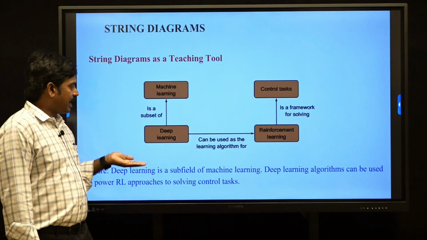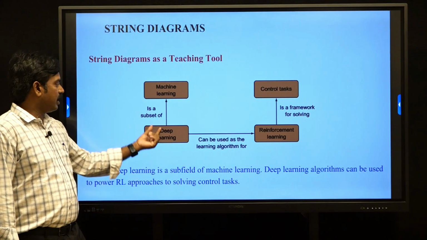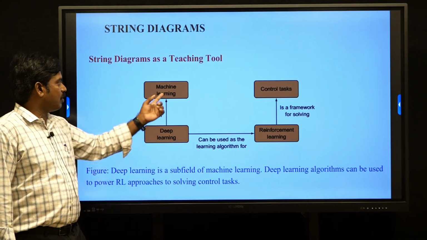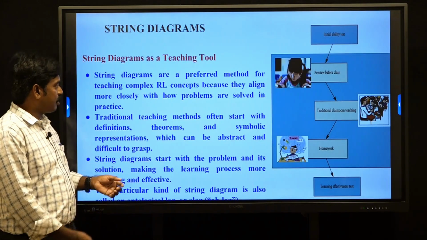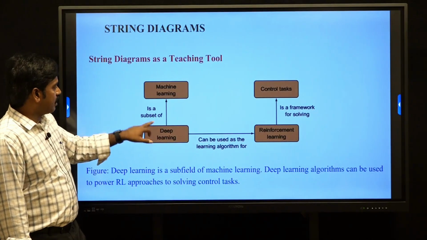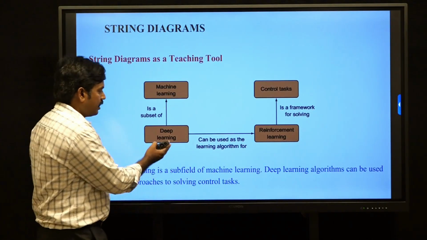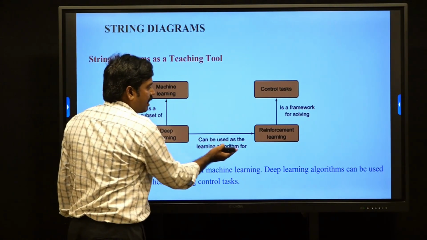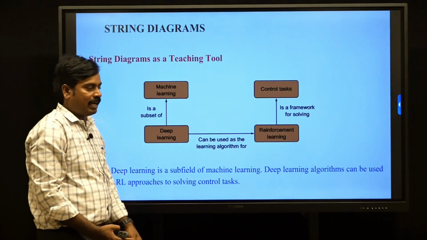Deep learning is the core part here. Deep learning is a subset of machine learning, and this arrow represents that deep learning can be used as the learning algorithm in reinforcement learning.